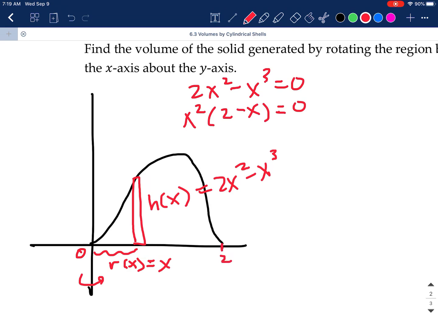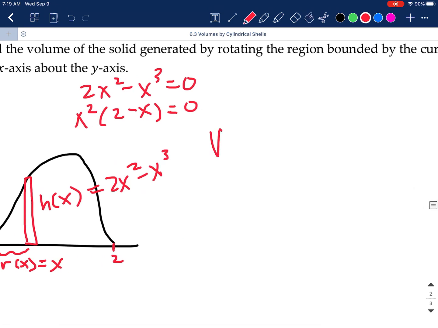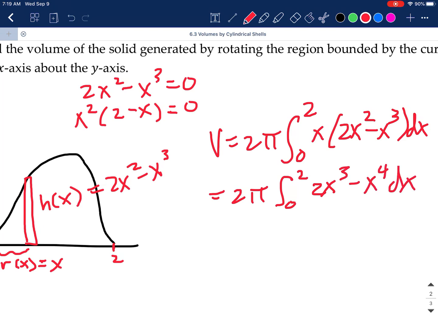So we're going to be integrating from 0 to 2, each one of those shells. So our volume is going to equal 2 pi integral 0 to 2 of r of x, which is just x, times h of x, which is 2x squared minus x cubed dx. And then this becomes a pretty simple integral. So we'll have 2x cubed minus x to the 4th.